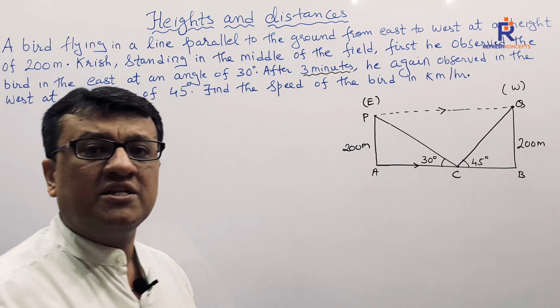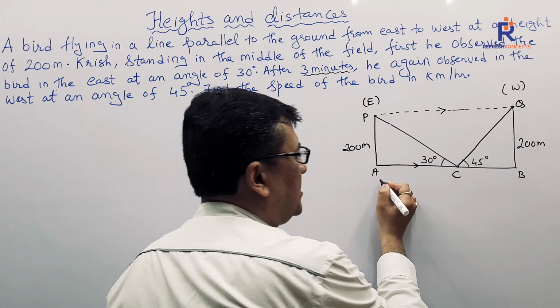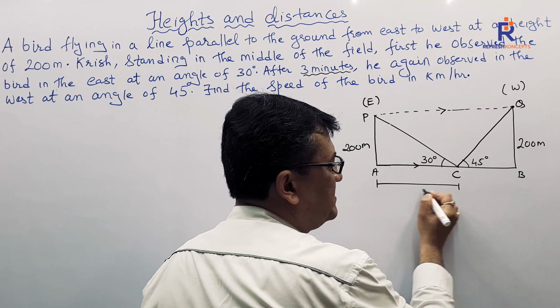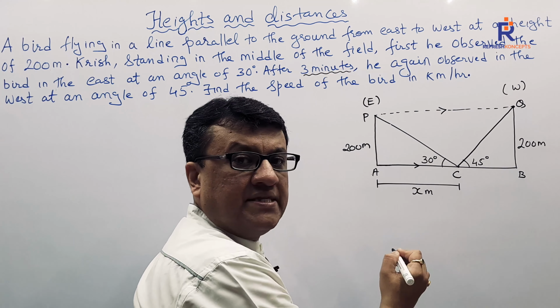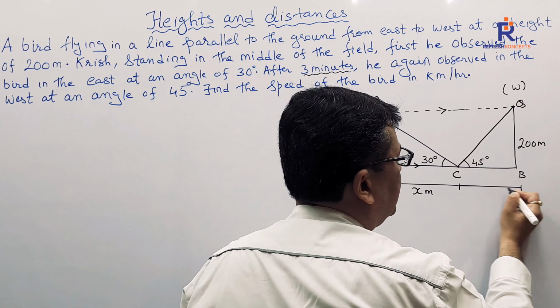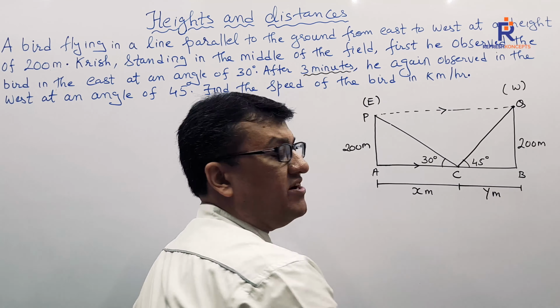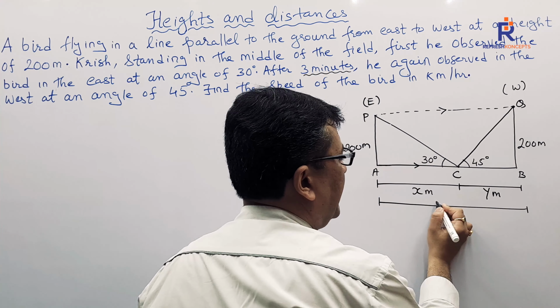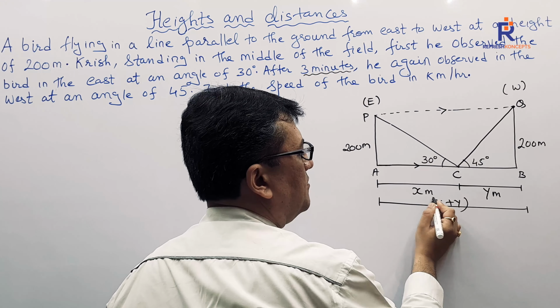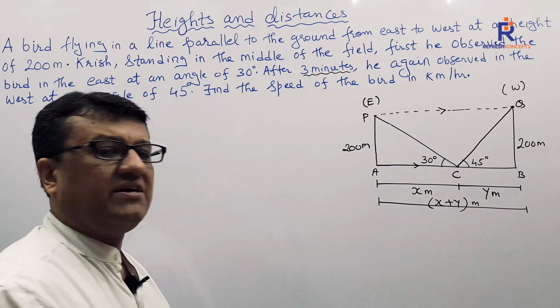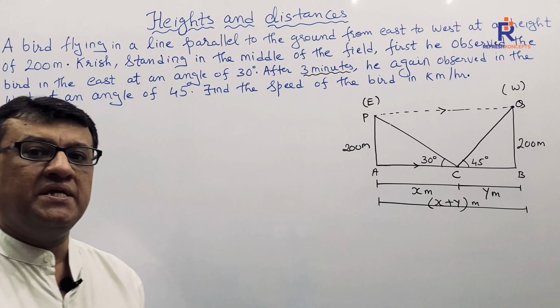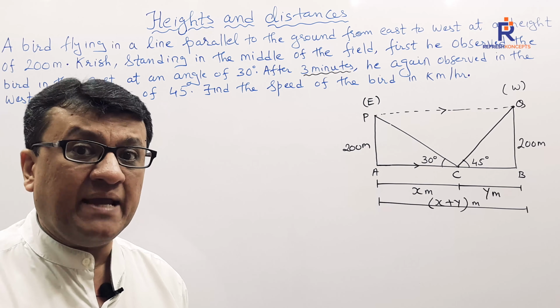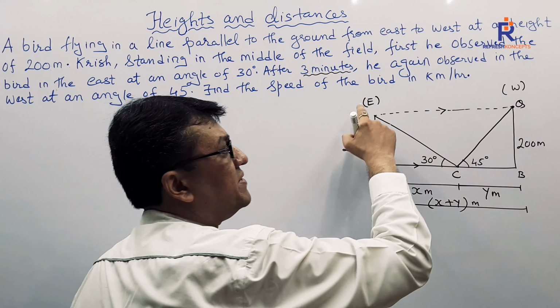So let this be X meter, this be Y meter. What is the total distance traveled by the bird? The total distance traveled by the bird is X plus Y meter.